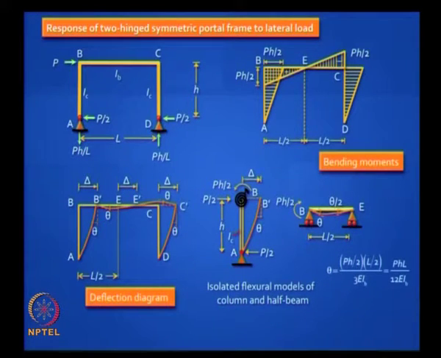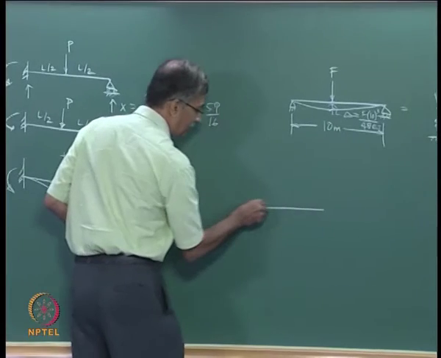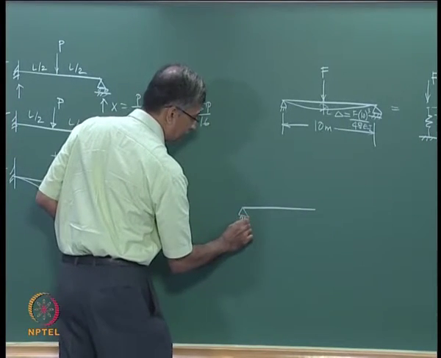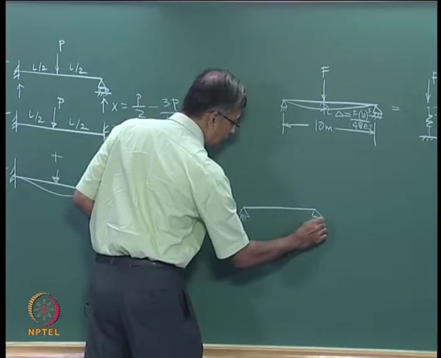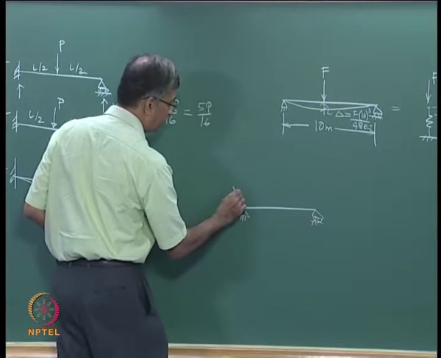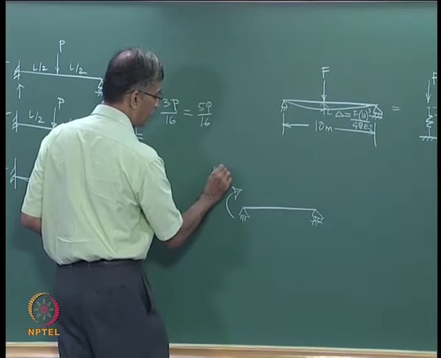The other point to note is, you also know an expression for theta, right? If you have a simply supported beam of span L by 2, do you agree that there is a relationship between the moment and the rotation of that beam? Let us say I have an elastic beam, and I apply some moment here, say M naught.